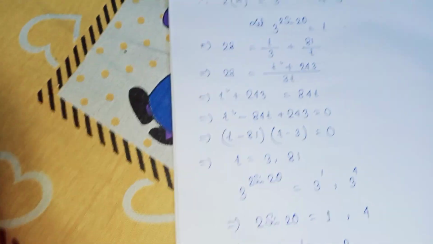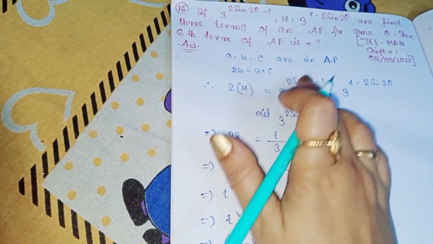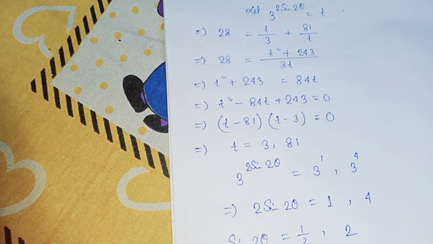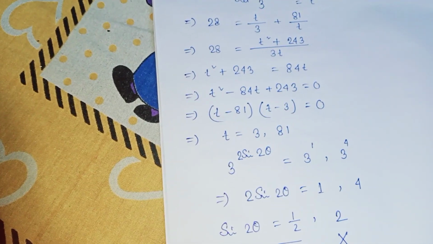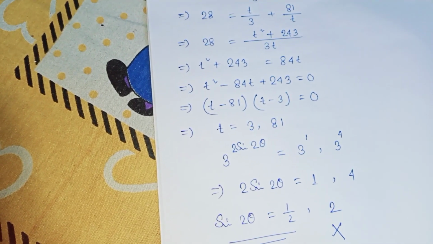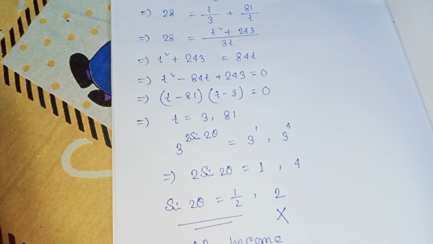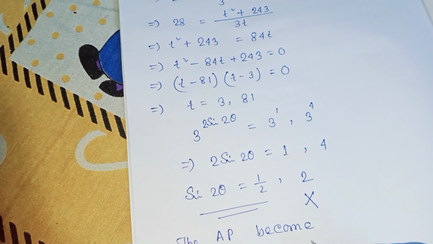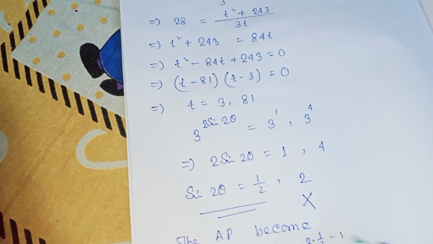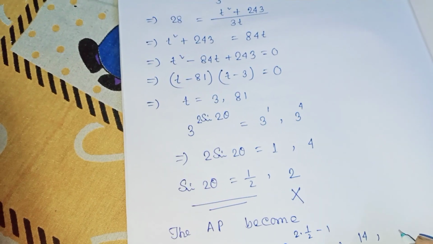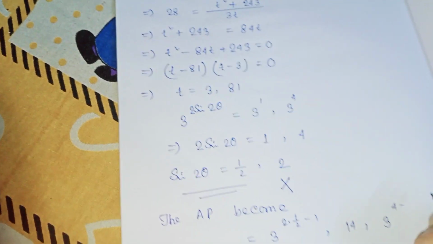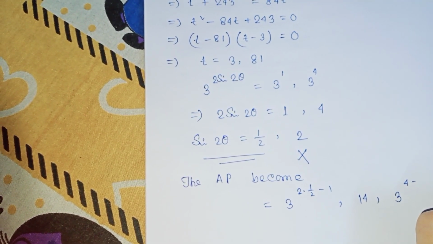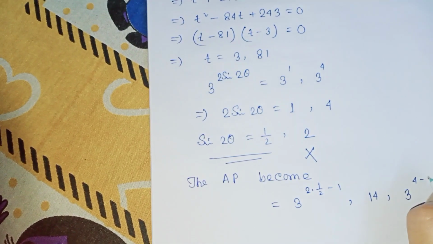Now putting this value in these numbers, we get the AP. The AP becomes 3^(2 sin 2θ − 1), that is 2 into half minus 1, comma 14, comma 3^(4 − 2 sin 2θ), where 2 sin 2θ means 2 into half.